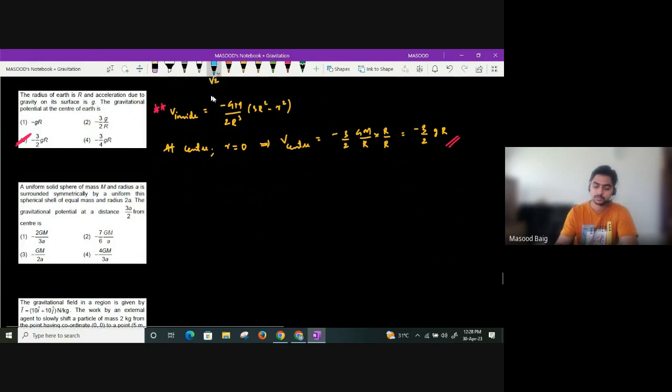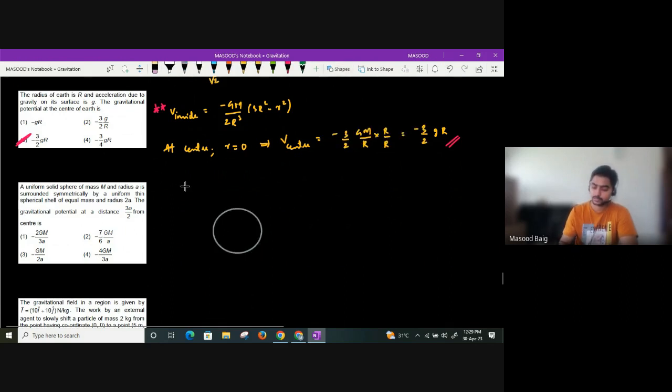Next case you see, a uniform solid sphere of mass m and radius a is surrounded symmetrically by a uniform thin spherical shell of equal mass m and radius 2a. The gravitational potential at a distance 3a by 2 from the center. So one they have given what, beta? One they have given solid sphere. And what is the other that they have given?